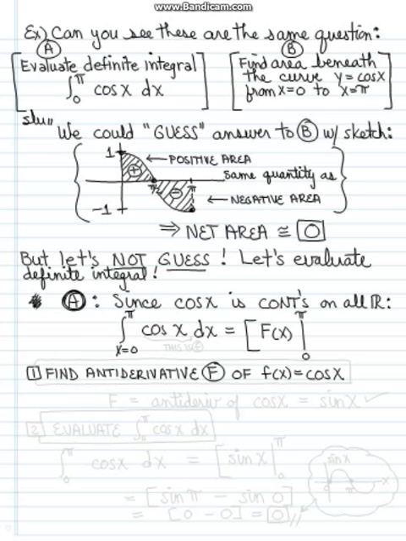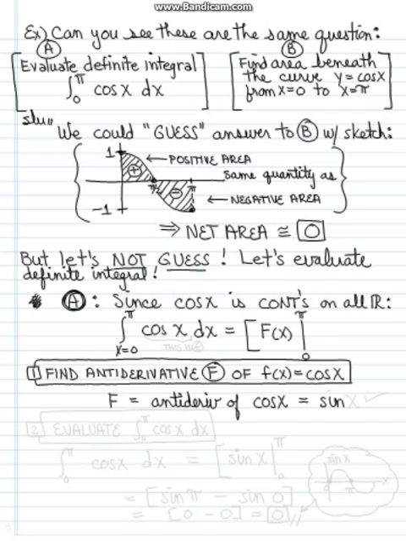We're going to find the antiderivative, capital F, of little f. What's little f? Little f is the integrand, the function that's being integrated, cosine x. So capital F equals the antiderivative of cosine x. What is that? It's a function whose derivative equals cosine. The answer is sine.